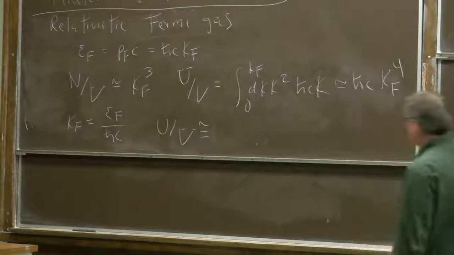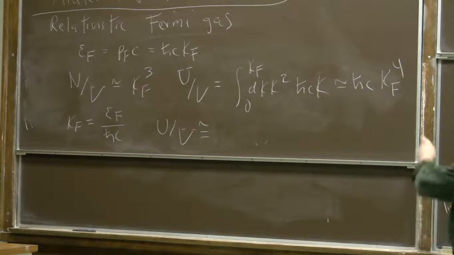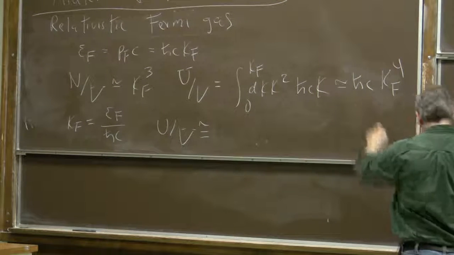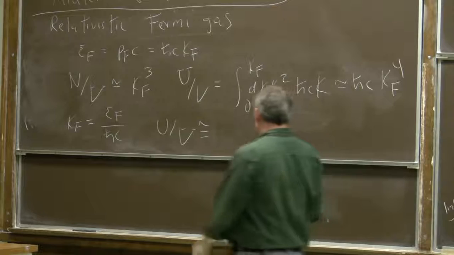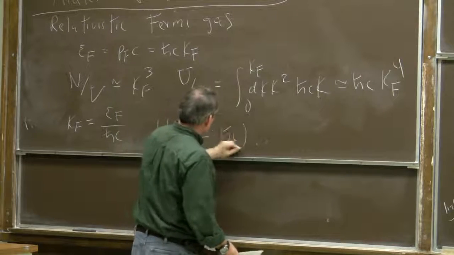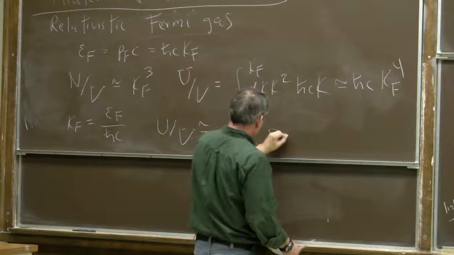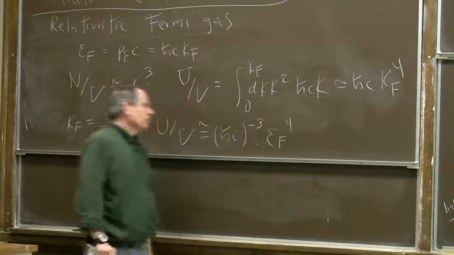plugging in for k Fermi to the 4th, I get 3 powers in the denominator, since there's 1 power in the numerator, of h bar c, and then the Fermi energy to the 4th power.